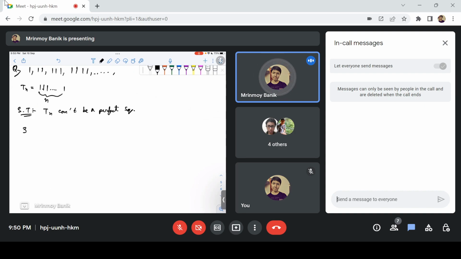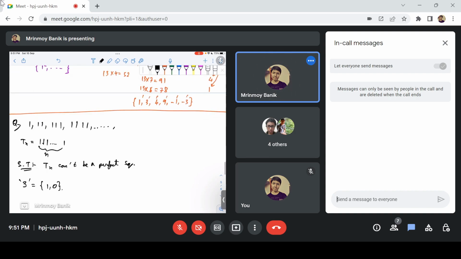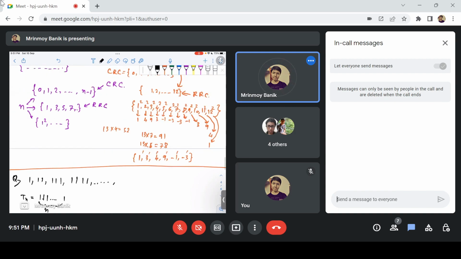The first prime that comes to our mind is 3. So what is the quadratic residue set of 3? It's 1 and minus 1. I'm joking. It's 0 and 1. Sorry, I forgot to add 0 here.